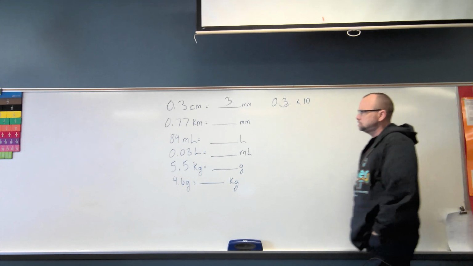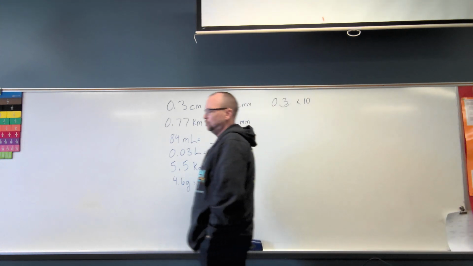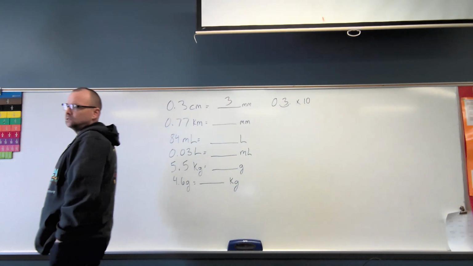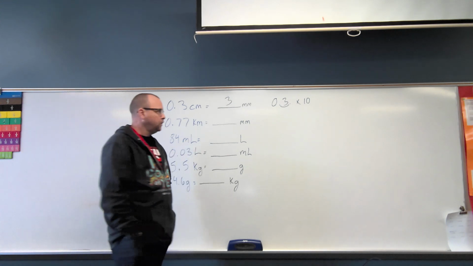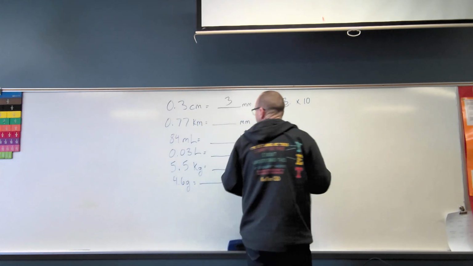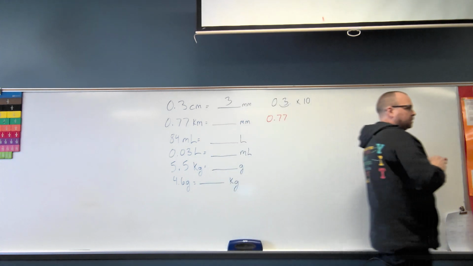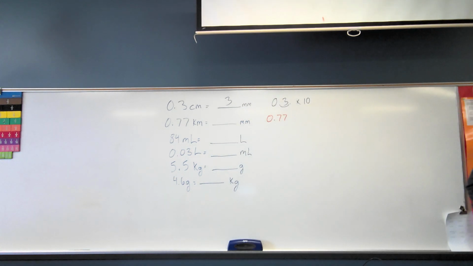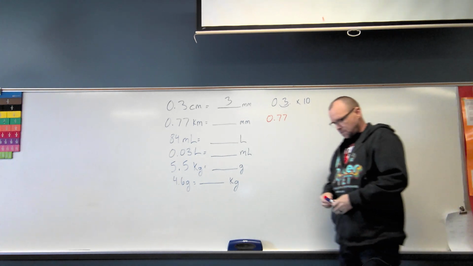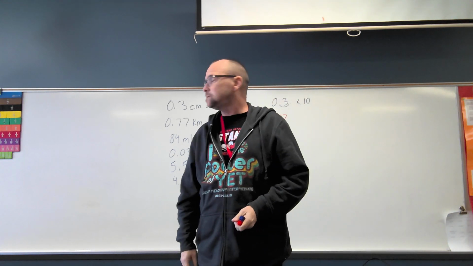You're just moving a decimal point. That is it. You have all the information you need. I know I'm either going to multiply or divide by 10, 100, or 1,000. I'm going to do one of those two operations.